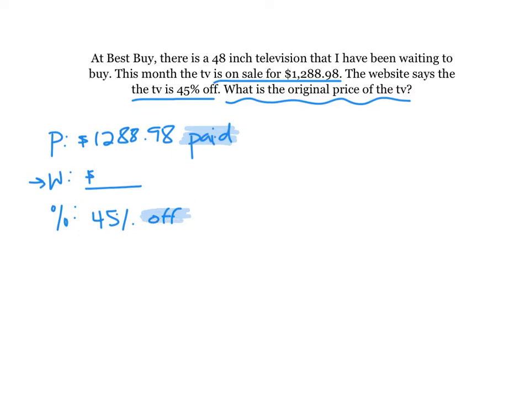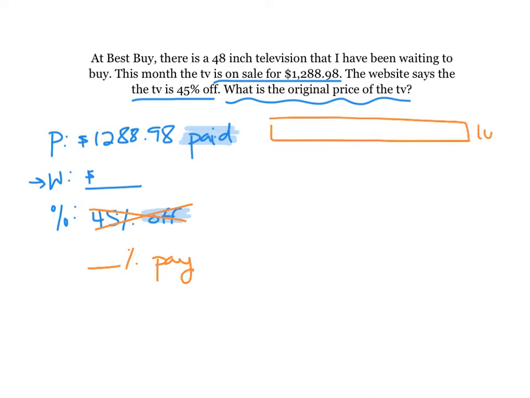So what I need to do is I need to change 45% off to what percent did I pay. And we've talked about this before. If we have a bar to represent 100%, if I have 45% off that I get rid of, the part remaining is how much I paid. Well, the part remaining would be 55%.